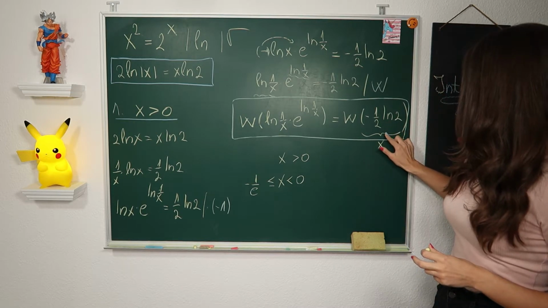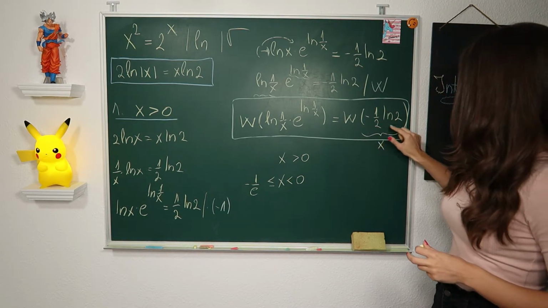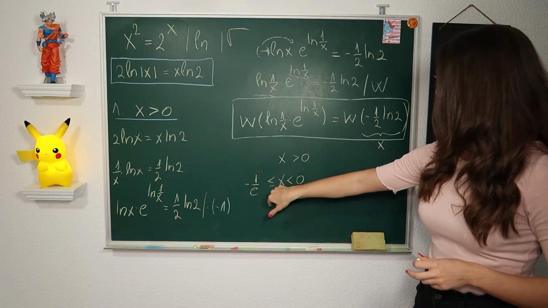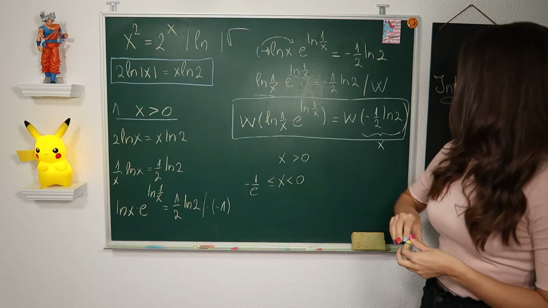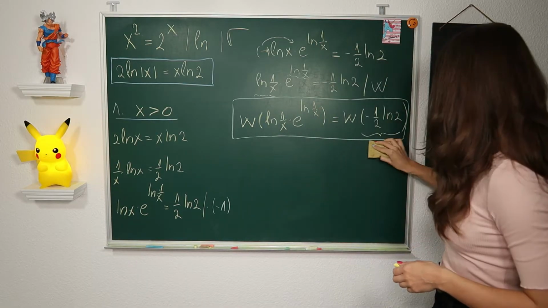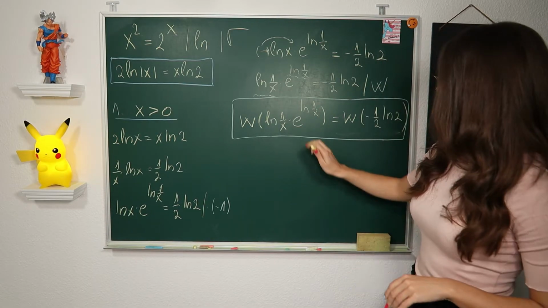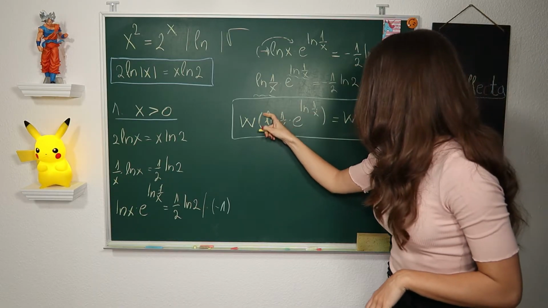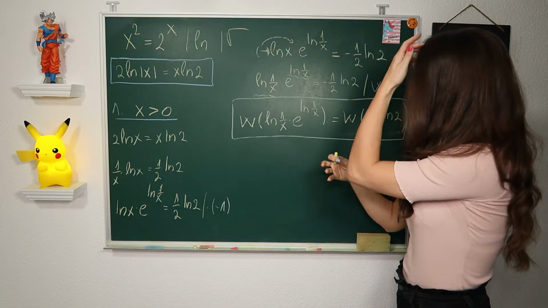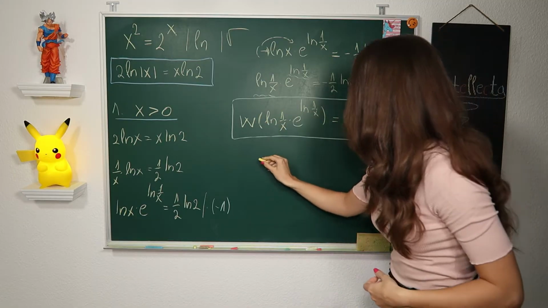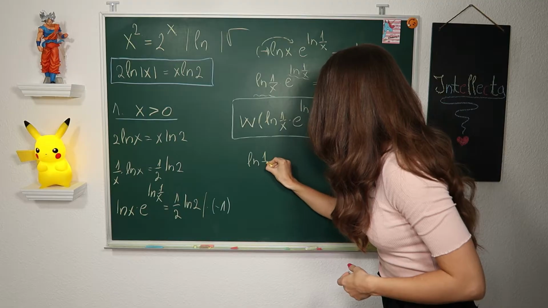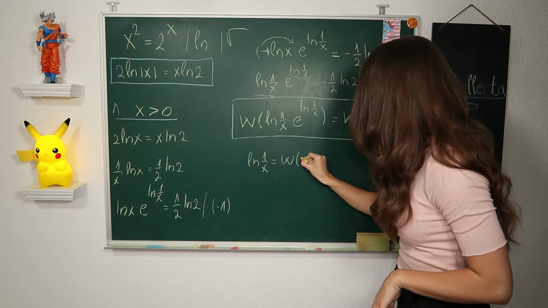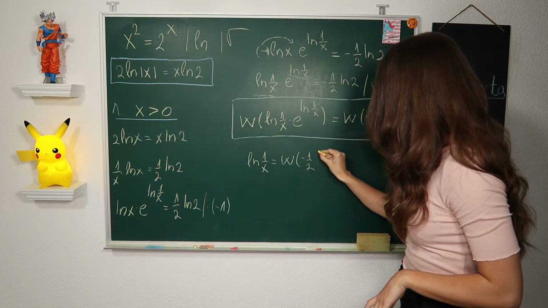In our case, it means we are going to get two solutions because our x is less than 0 and greater than -1 over e. Now let's solve this for x. We have W of ln 1 over x equal to the same. Our expression is this here, and we will have ln 1 over x is equal to W of -1 over 2 ln 2.